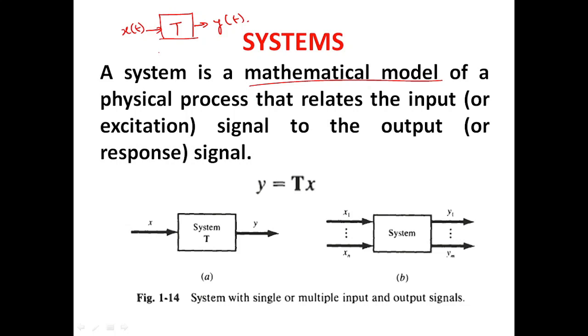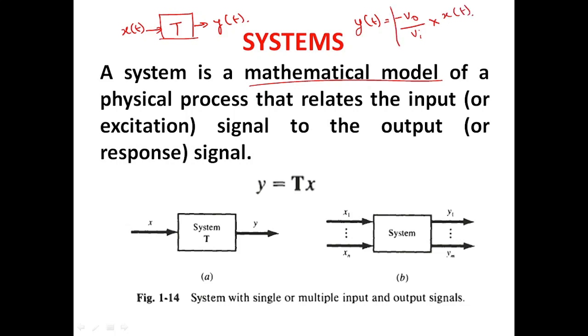So what happens in an inverting amplifier? y(t) equals minus V0 by Vin into x(t), right?